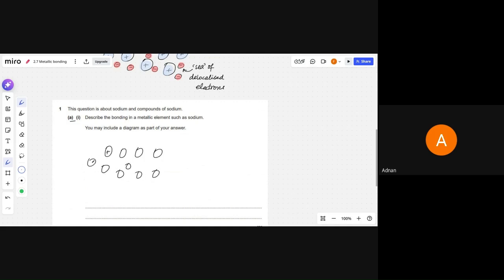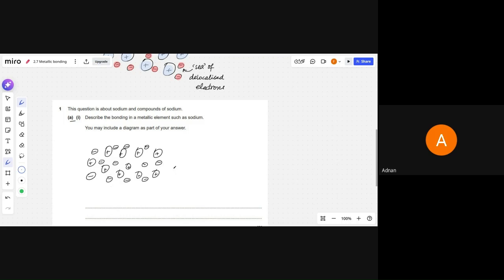These must have positive charges like this, and then in between these spaces you can draw a sea of delocalized electrons, like this.